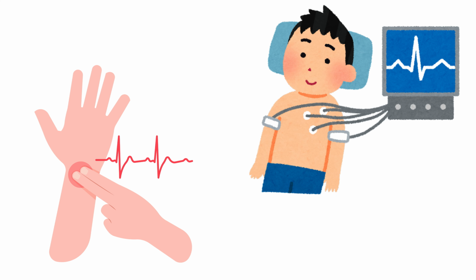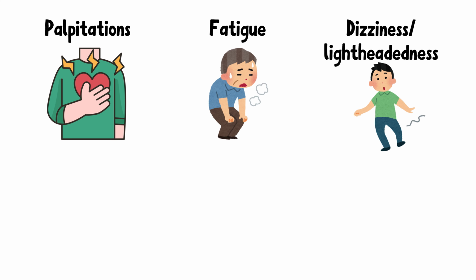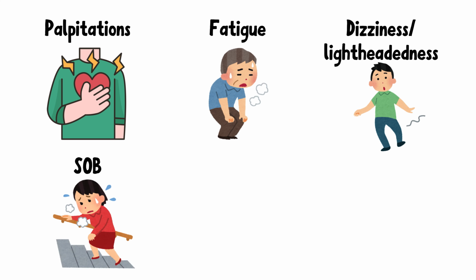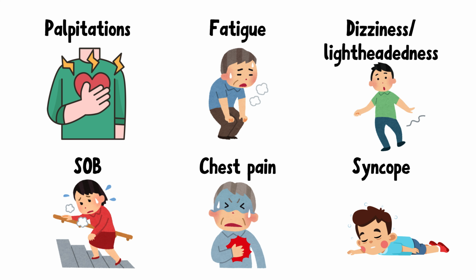Palpating an irregular radial pulse is a helpful initial clinical sign that may raise suspicion of atrial fibrillation. In this kind of situation, you can confirm it with an ECG. Atrial fibrillation patients can present with palpitations, fatigue, dizziness or lightheadedness, shortness of breath, chest pain, or syncope.